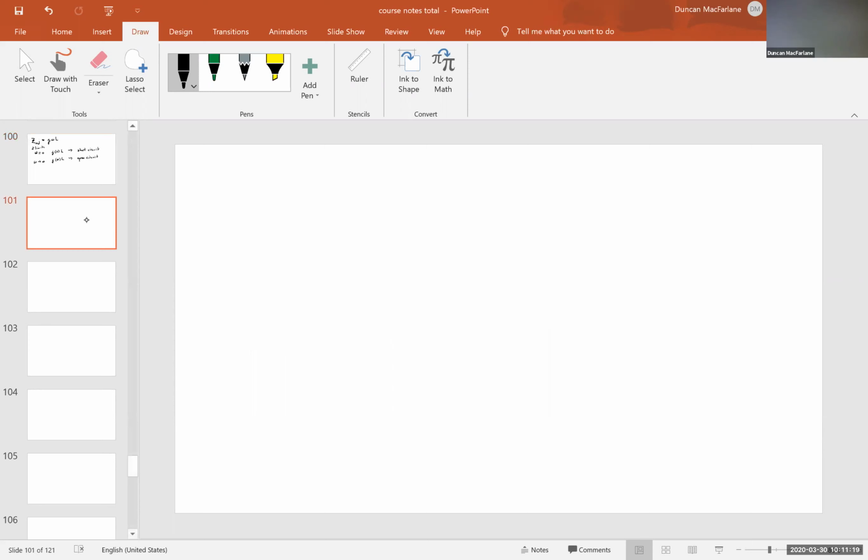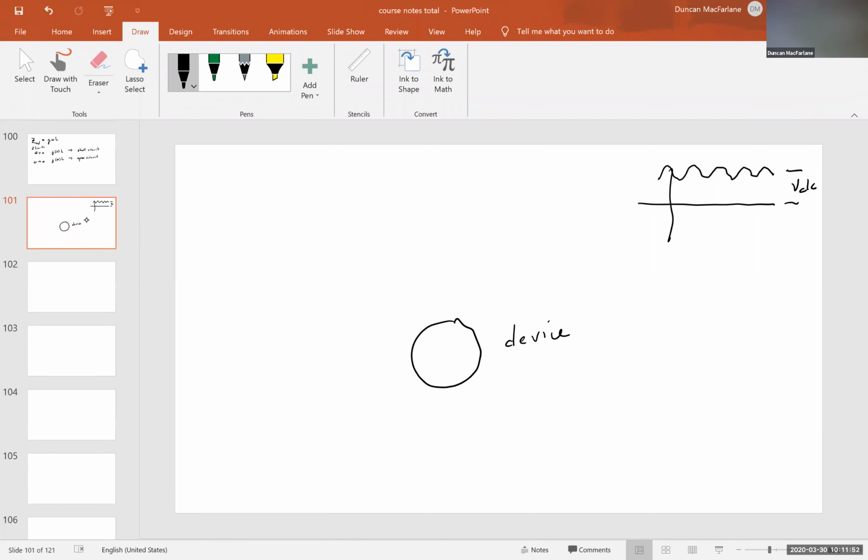Let me give you another example, a non-rigorous example of using these inductors and capacitors. Supposing I've got a device, and what I want to do is give this device a DC offset and an AC signal. In other words, supposing I want to bias my device.